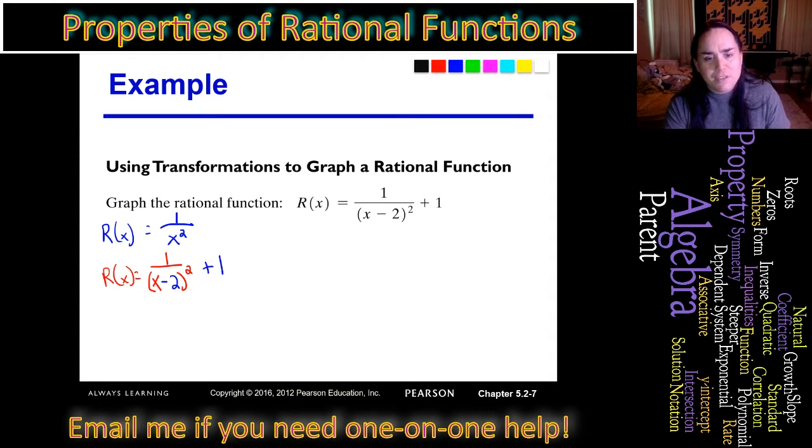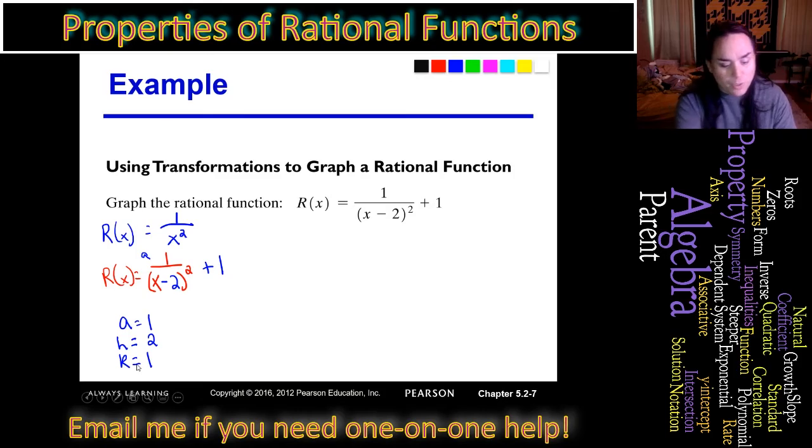The numerator is actually your a value, so a equals 1. But what was this number right here? Didn't that have something to do with whenever you add or subtract to x? Weren't we calling that h last time? And when you add or subtract something at the end outside of x, we called that k. Remember, with this number, you have to take the opposite. So the opposite of negative 2 is positive 2, and you don't take the opposite of the k value. It's just k. So k is 1.